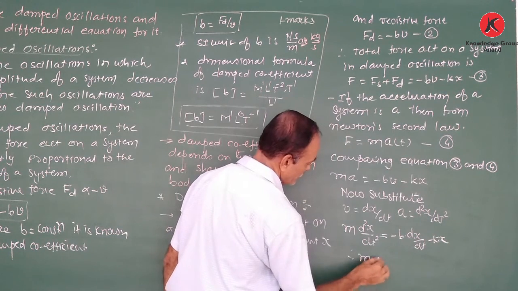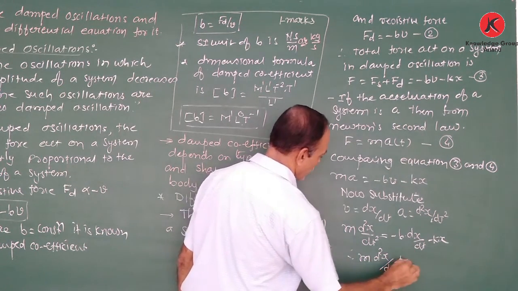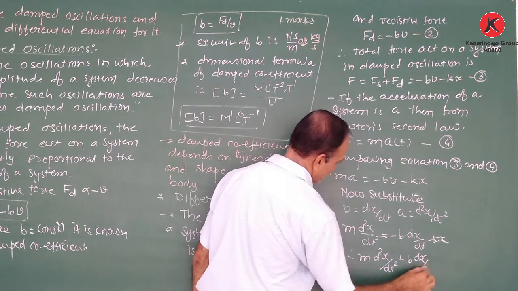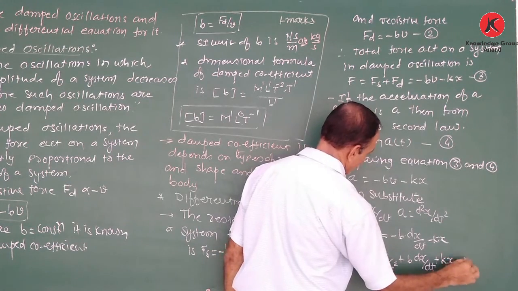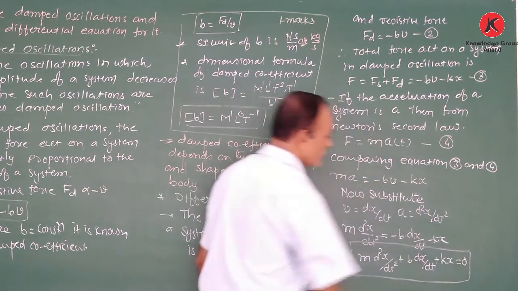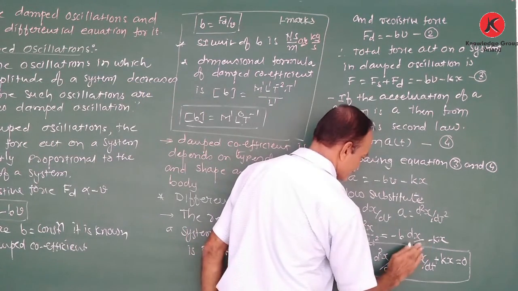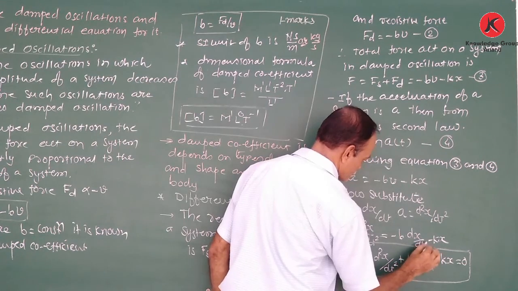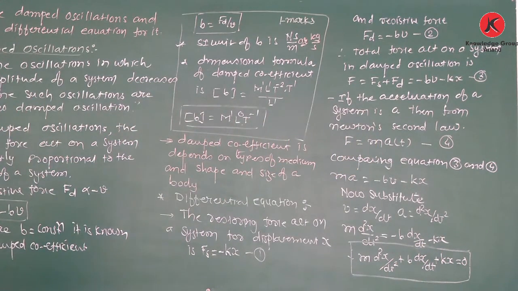Therefore, m into d square x upon dt square plus b into dx by dt plus kx is equal to 0. So it's the differential equation for damped oscillation.